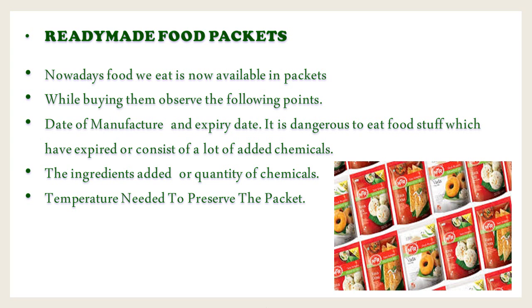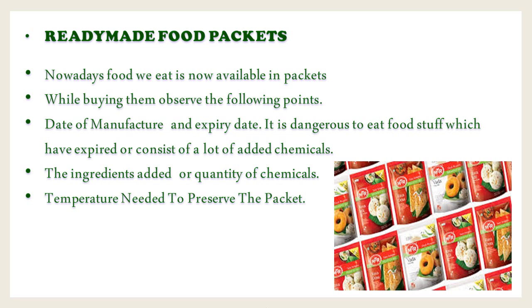Children, next is ready-made food packets. Nowadays, the food we eat is available in packets, correct? While buying them, observe the following points. You should remember these points while buying food products or any type of products.